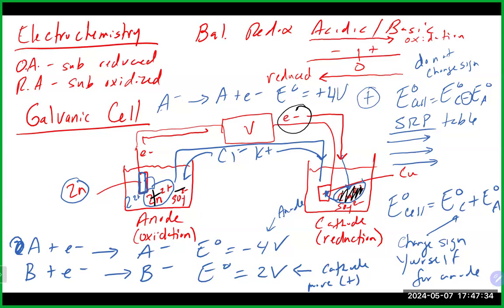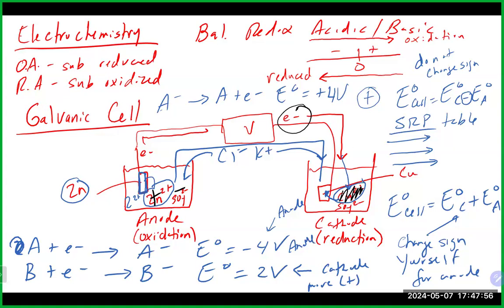Now, if I did that and we're going to get the E of the cell in this case, I would take the 4 plus the 2, because I already changed the value, and that would give me 6 volts. If I don't want to worry about that because I know this is my anode, I would take 2 minus 4, and that would turn into a positive 4, and I'd get the same 6 volts.